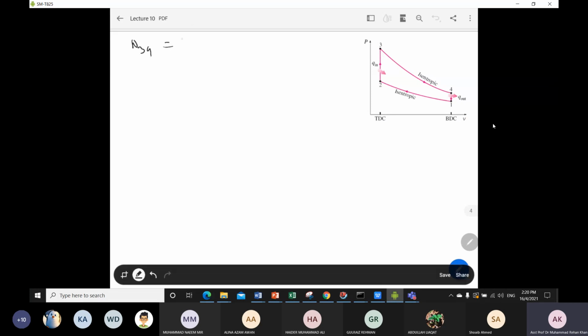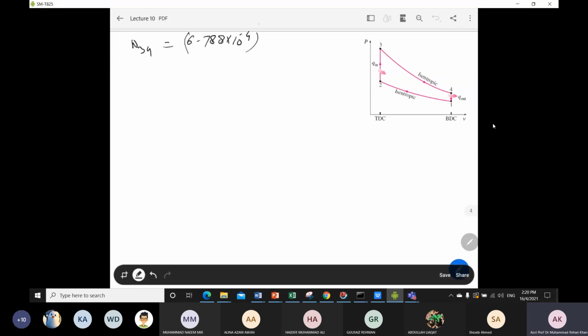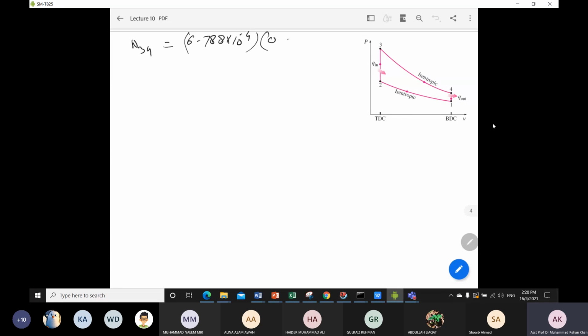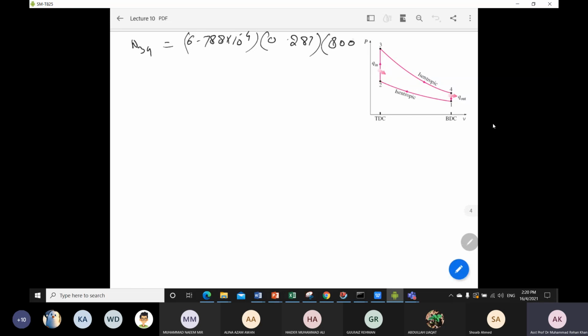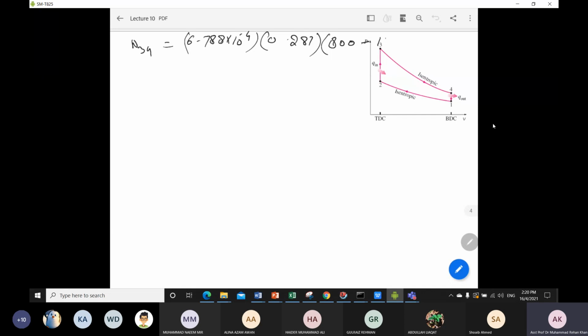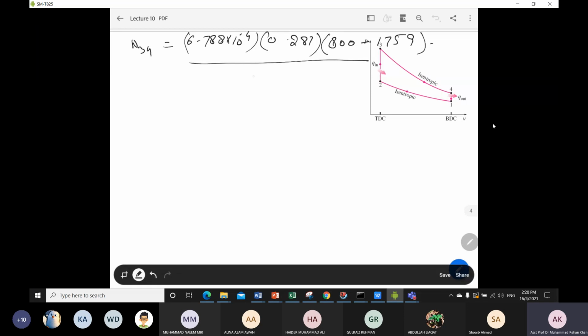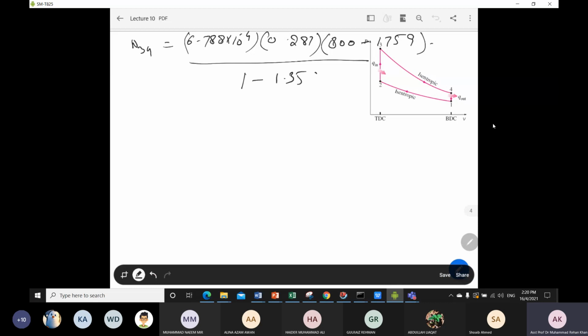Now m is known to us, 6.788 times 10 raised to power minus 4 kg, and the R value you can easily find from the table as well, and your temperature, which is 800 Kelvin at T4, and the T3 temperature we just found, 1759 Kelvin, and in the denominator it will be 1 minus n, which is 1 minus 1.35, the polytropic exponent.